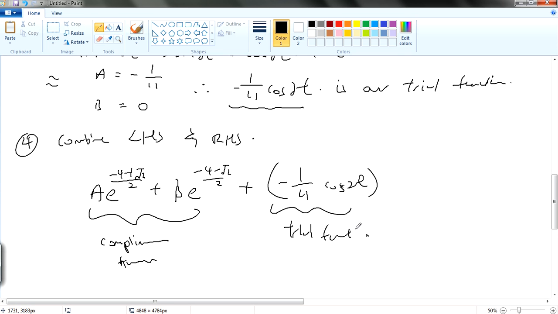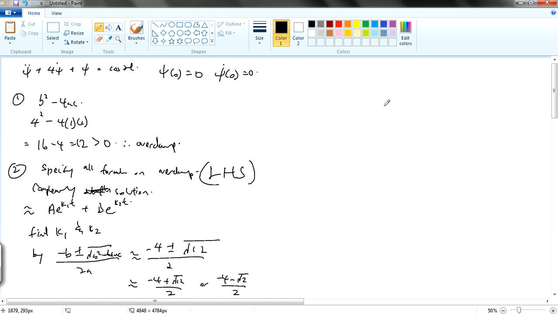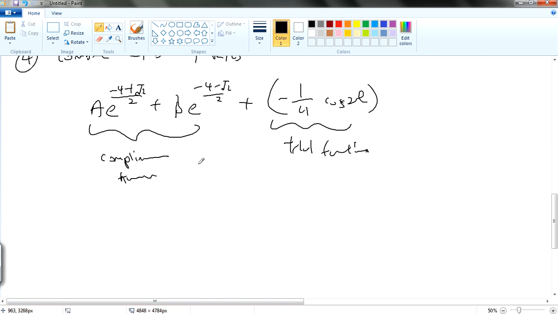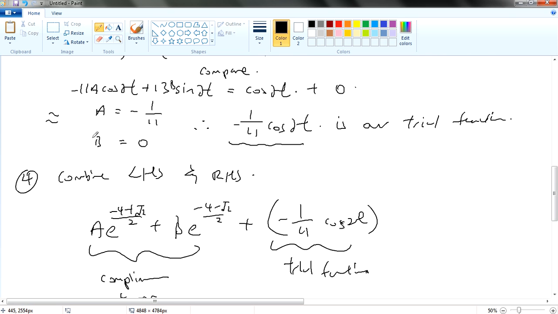Okay, with this, now we have to solve for the a and b. Okay, not this a and b, this should be c and d. C and D. Okay.